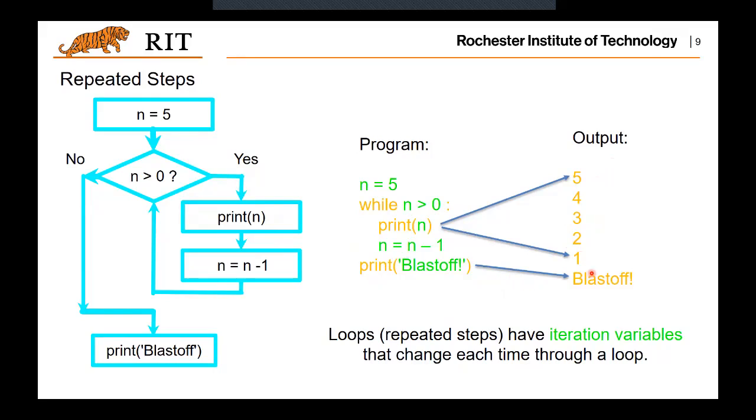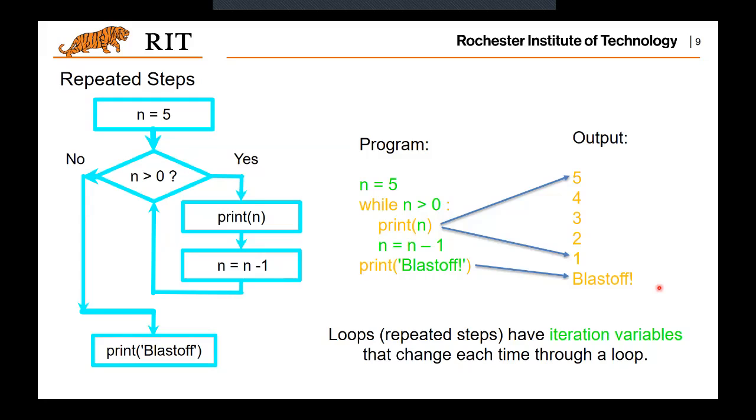When n equals 0, the loop will not go here and execute these two lines again, but just print this line. And that's the end of this repeated step.